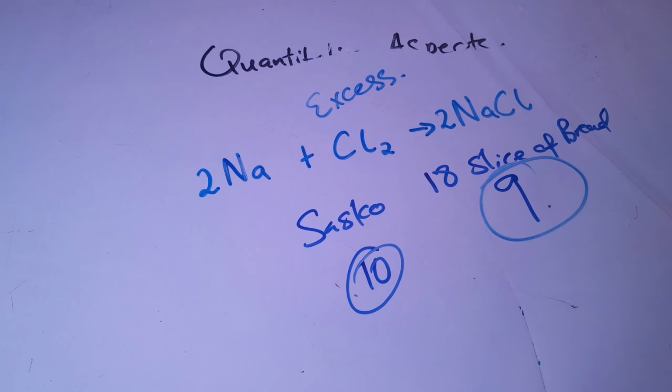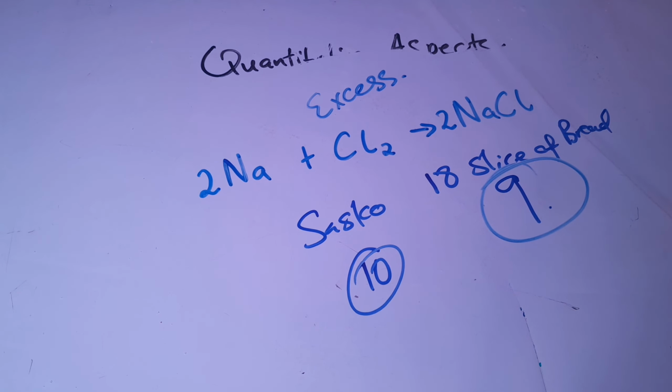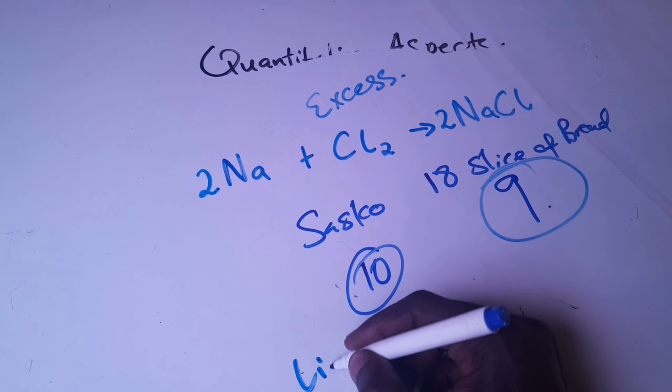So here I'm trying to make you understand about the excess reagent and the limiting reagent. Bread is the limiting reagent, because it is the one that finished up earlier. Is this making sense? Yes, 100%. So what is the limiting reagent?